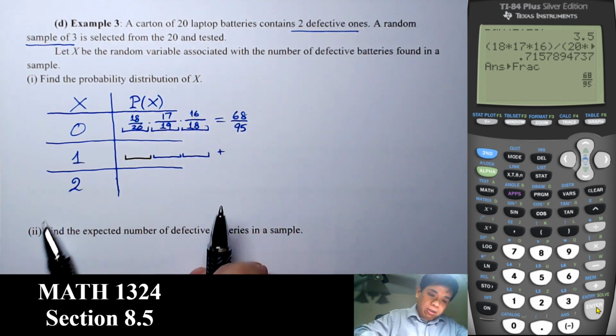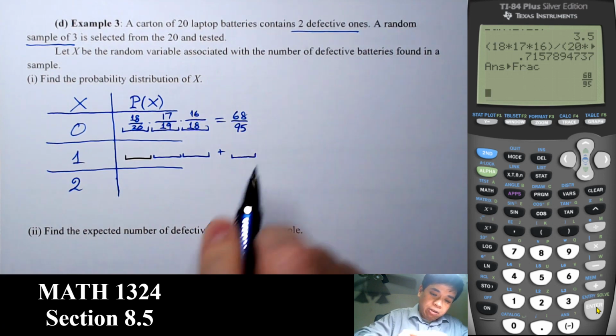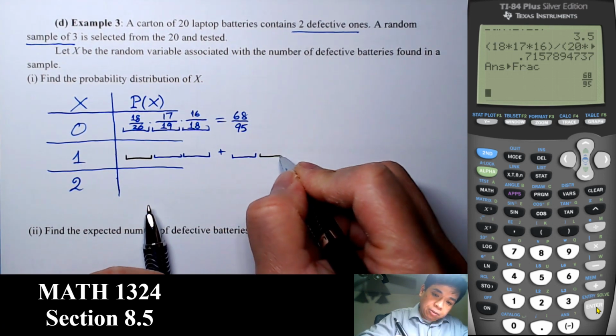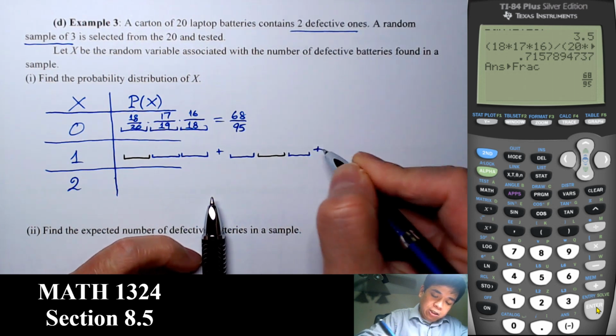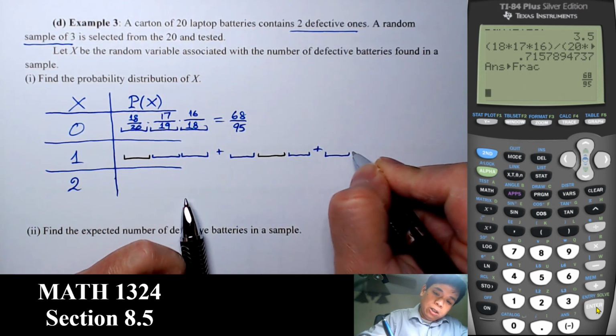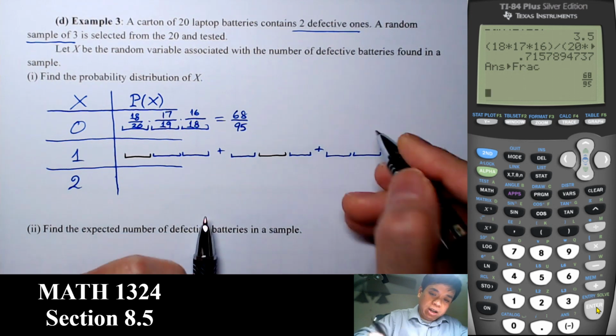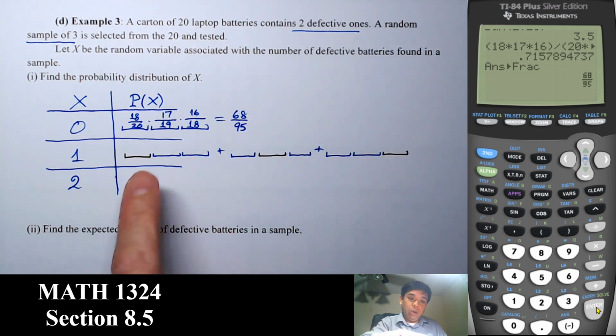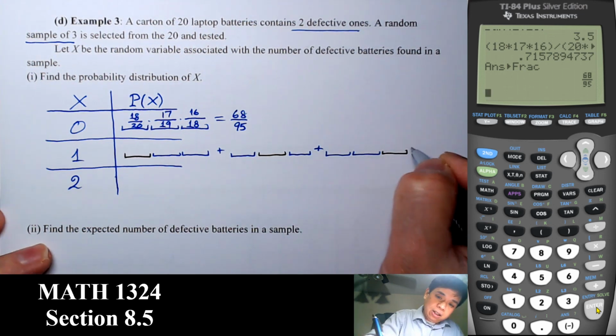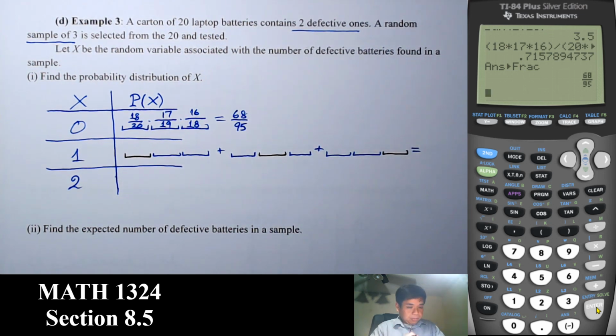Or we could have the second one that is defective, the third one still good, and the first one good. Or the first two are good and the last one is defective. So we have those scenarios, so we have to add all three of them. Right.